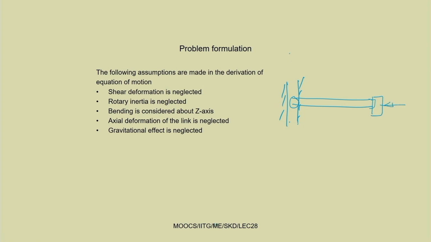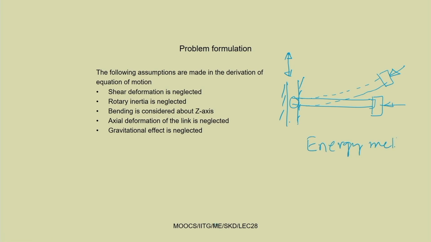When it is moving up and down, as we have already seen, it may be subjected to a force, so it may have a tendency to bend. So, it will bend, and this will be the after deformation and this is before deformation. We have to derive this equation of motion, so let us derive it by using the energy method.